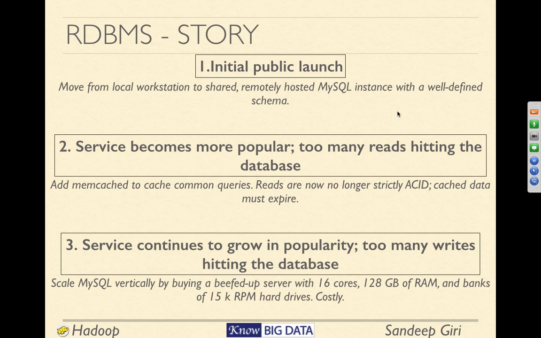Okay. Now, as the service starts growing in popularity, more and more people are trying to write onto your server. While you have solved reads, now writes are hitting the database. So, as the usual IT admin, or a usual CIO, what you do is you scale your database vertically.